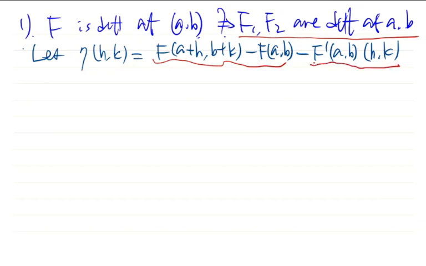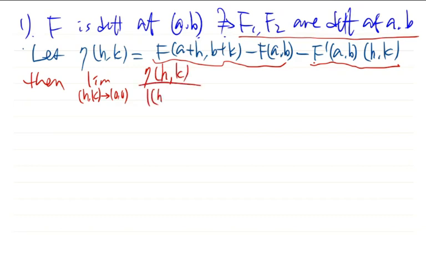So the differentiability of capital F at (a, b) means that this limit, as (h, k) goes to 0, of eta(h, k) divided by the norm of (h, k) is 0.